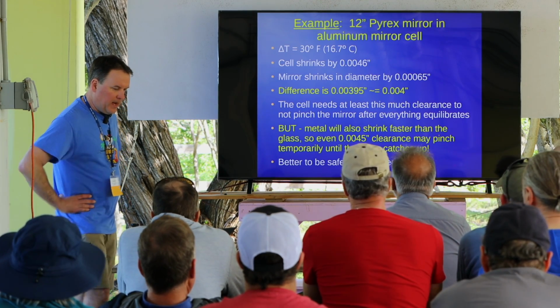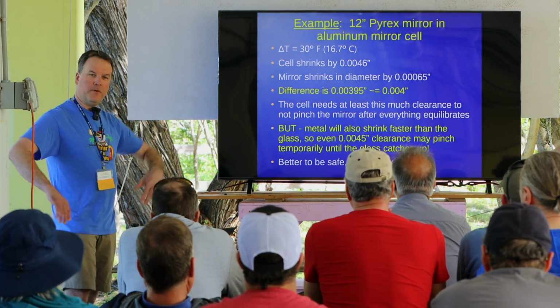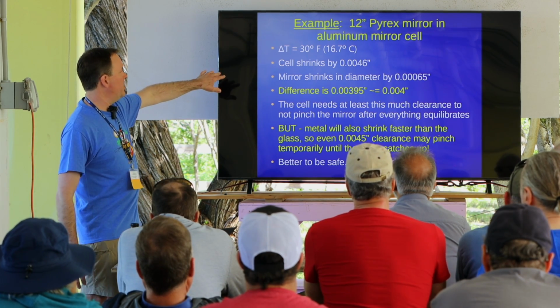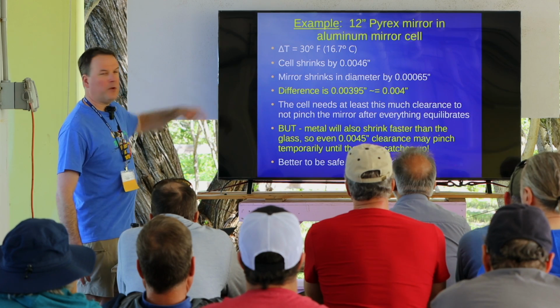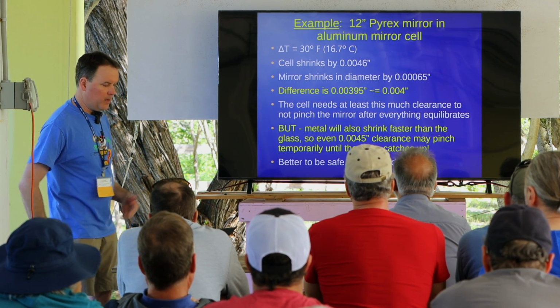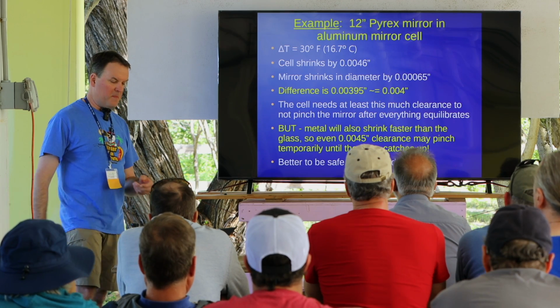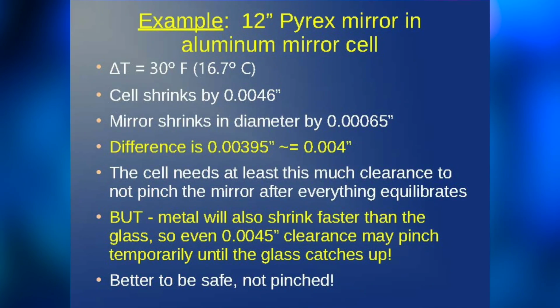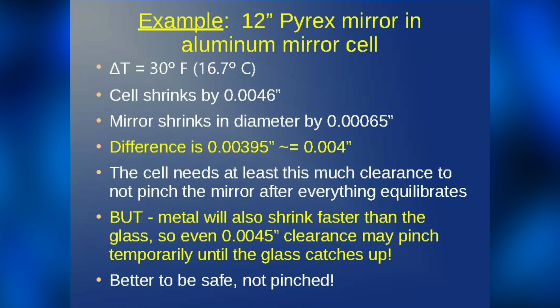So let's look at a 12-inch mirror cell made out of different materials. If we have a 30-degree drop in temperature, the cell is going to shrink by about 5 thousandths of an inch. Okay? The mirror is going to shrink in diameter by about 0.6 thousandths of an inch. So we have not quite a 10-to-1 ratio there, but pretty significant.